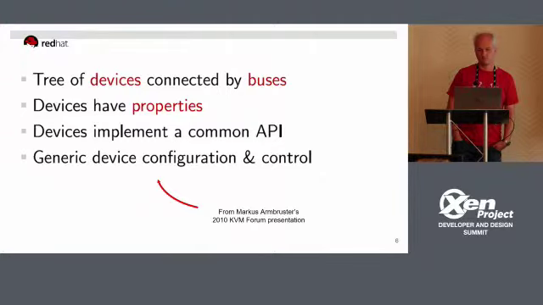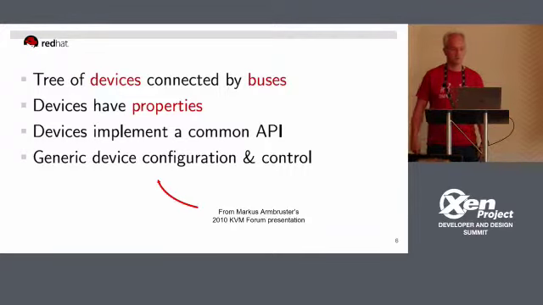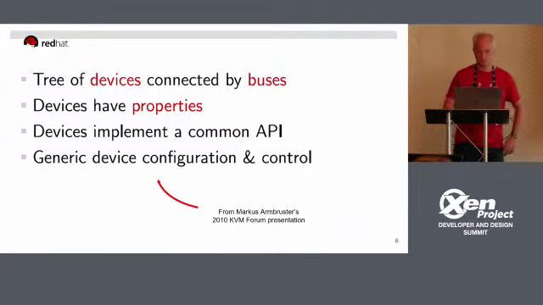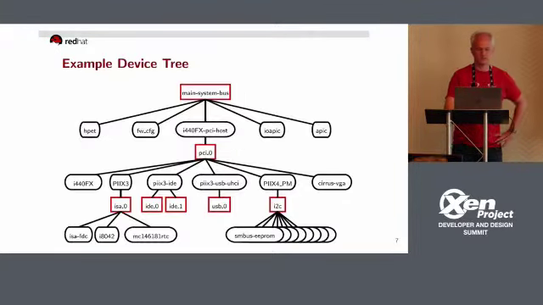So you have a tree of devices connected by buses. Once you've got this common framework, then you can have a common API to drive it, and a common mechanism of configuration and control.